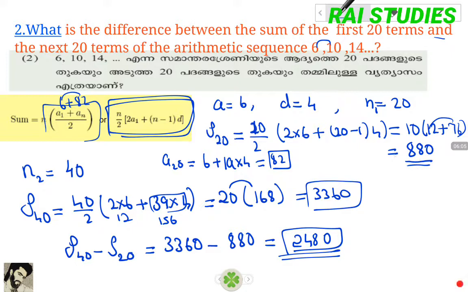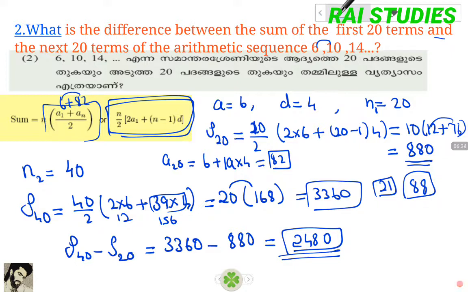That is the sum of the first 20 terms of the sequence. Now if you consider the next 20 terms, we know the 20th term is 82, so the 21st term is 82 plus 6, that is 88. This is the first term of the second sequence.